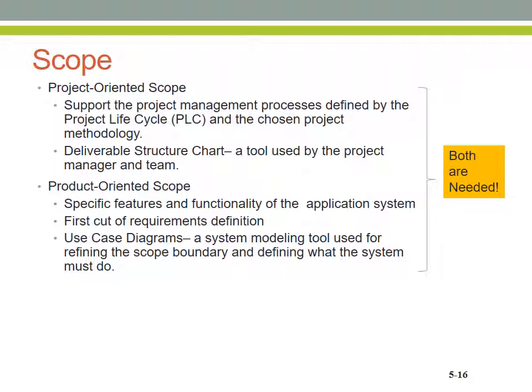So the product-oriented scope, which is typically used within the execution phase in our software development lifecycle, the SDLC, is a subset of, or is an asset in, the project-oriented scope. The product-oriented scope is a part of it.